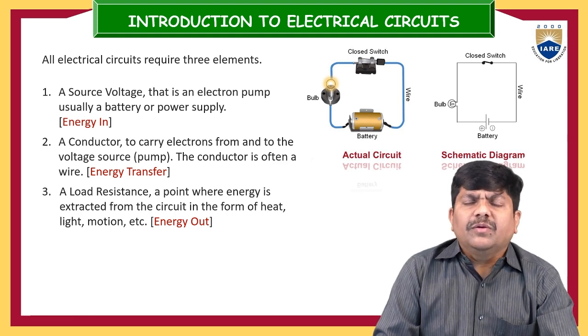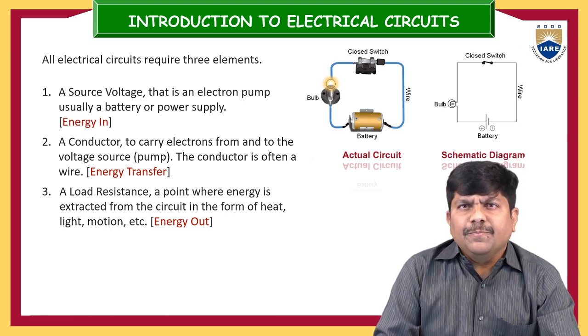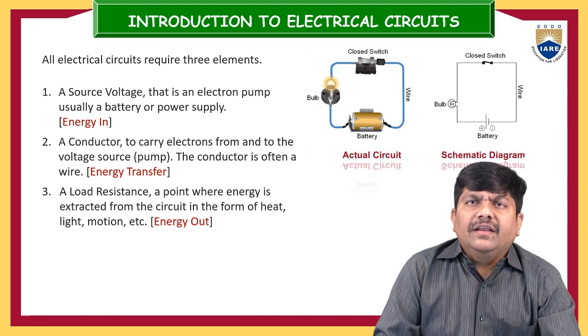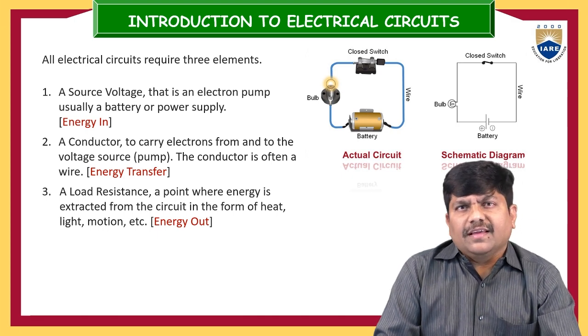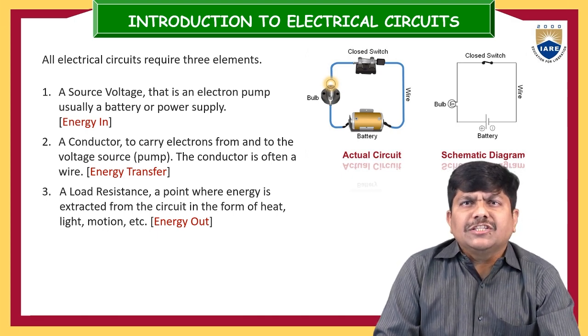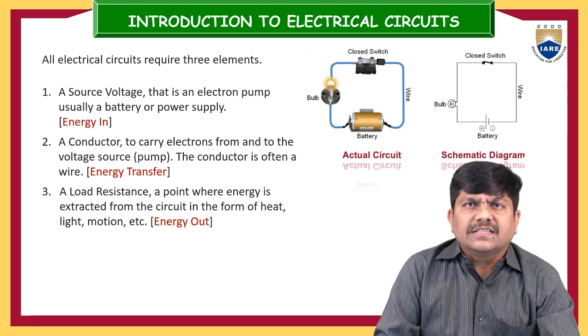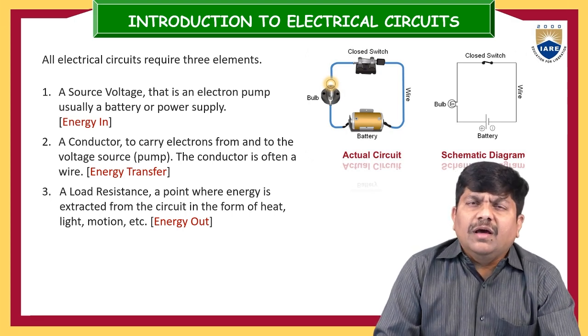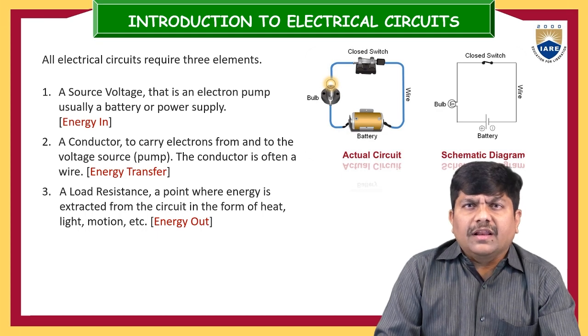So for heat, the best example is, let us take water. I want to heat that water with the help of a water heater. So you put that water heater in and connect it to the electrical energy source. The electrical energy source, as per this discussion, is our point 1, the energy in, which is the raw power or battery or electrical energy source.